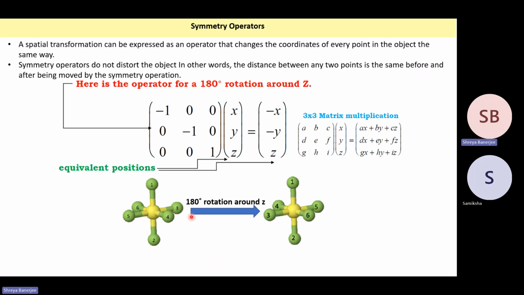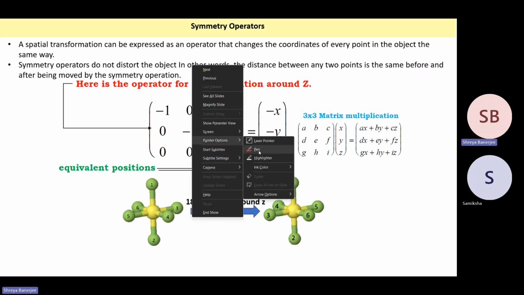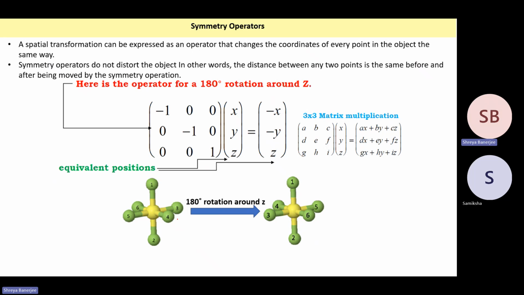Let us look at the coordinates. If the coordinates of 4 were X, Y, Z, the new coordinates of 4 become minus X, minus Y, and Z is unaffected. So that is how the coordinates of 4, 6, 3, and 5 are changing.